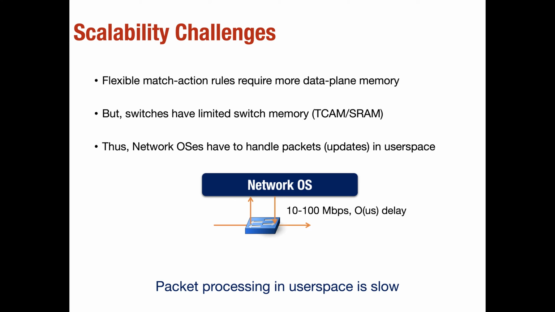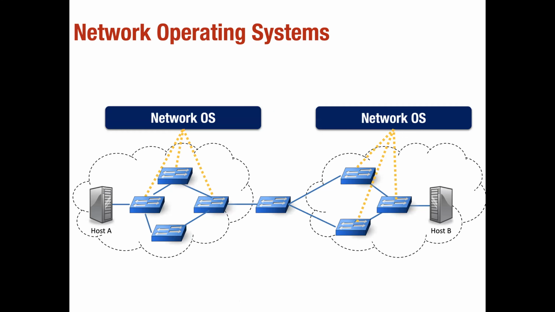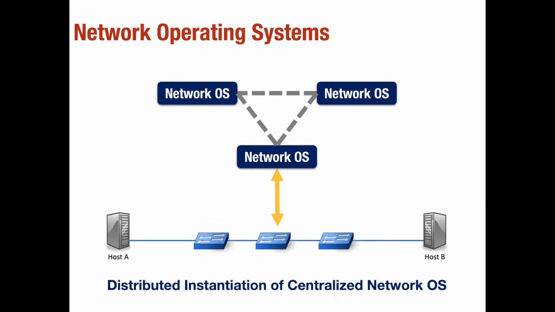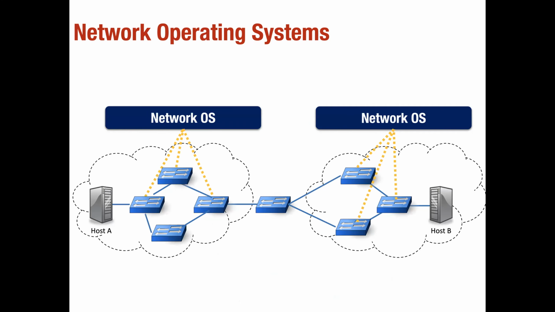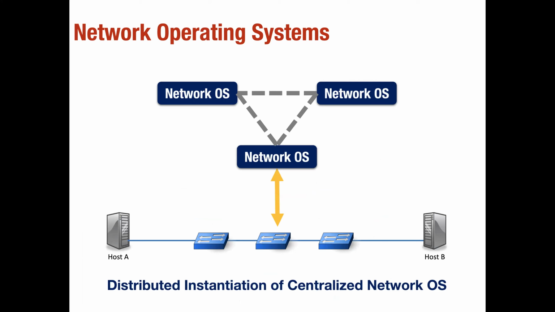Is that a question that came to your mind when we learned about Open vSwitch? Open vSwitch can run in the host, so why can't we implement these intermediate forwarding elements in software as well? Does anybody want to take a crack at that question? Why don't we use software switches in the core of the network?